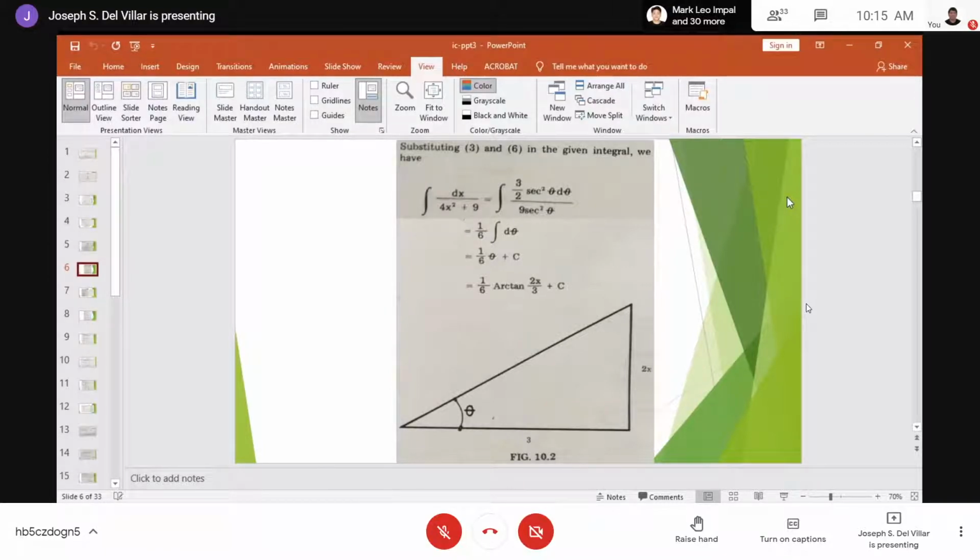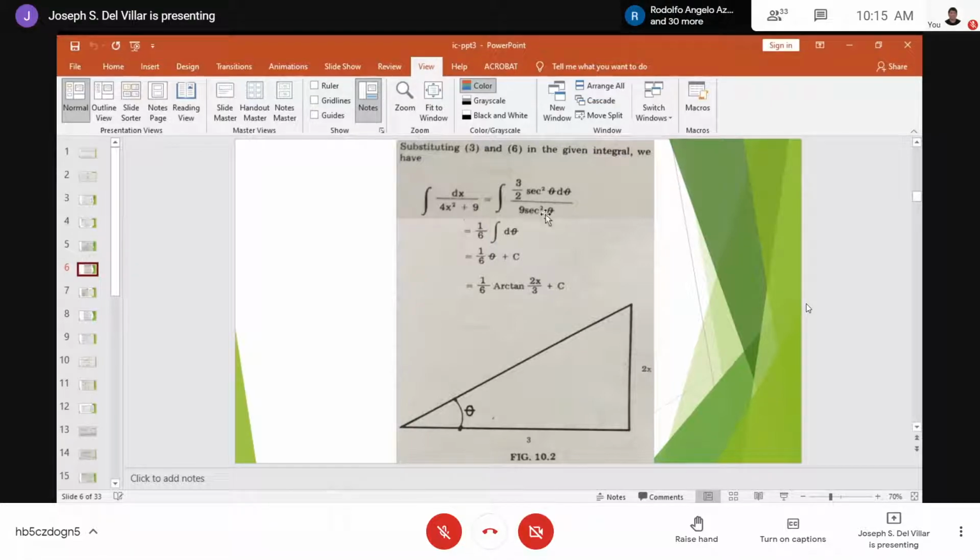Para hindi kayo malito. So you can cancel the secant squared kasi parehas meron. Meron sa numerator, meron sa denominator. So you take that out, you cancel both secant squared on top and at the bottom.